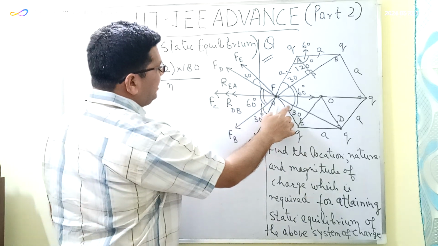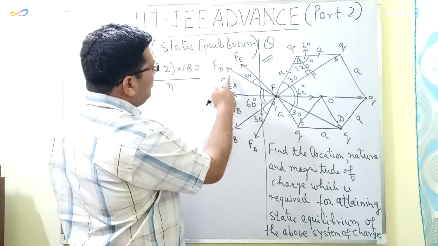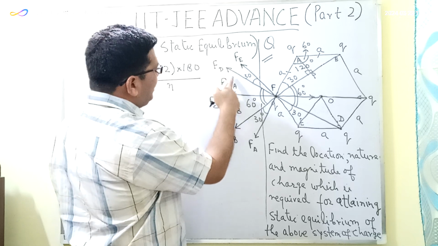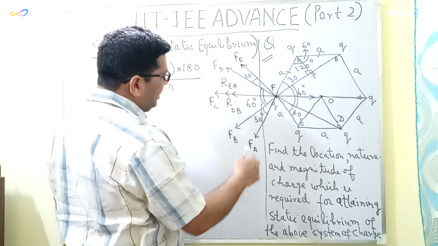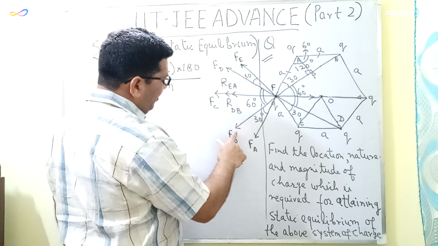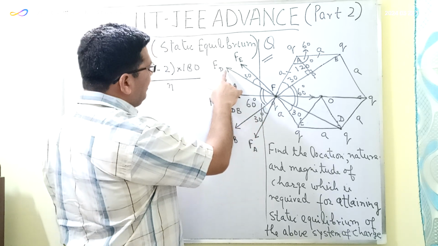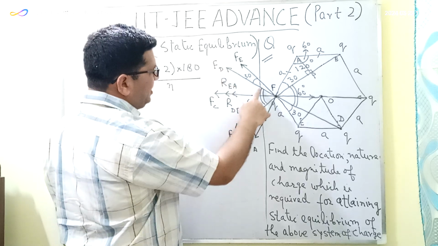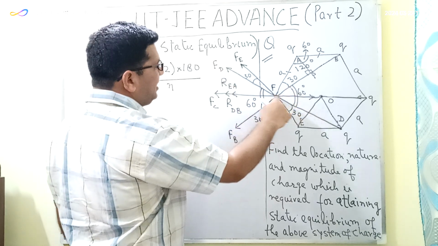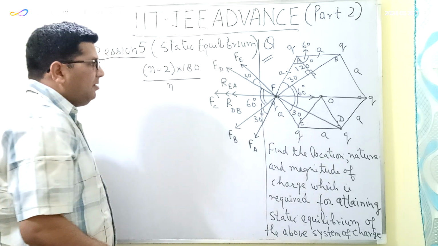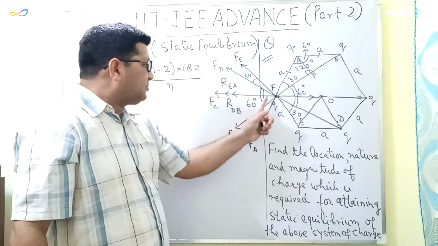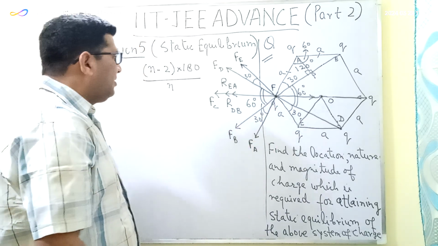Now if this angle is 30 degree, the angle between the direction of FD and FA will be equal to 30. The angle between the direction of FB and FA will be equal to 30, and the angle between FD and FB will be equal to 60 degree, because this is 60 degree. So this is an alternate angle, so this will also be equal to 60 degree.